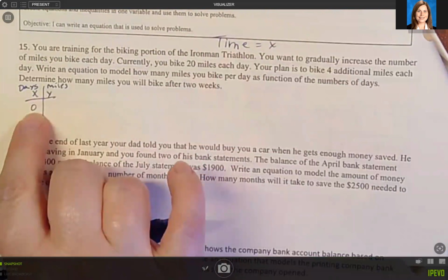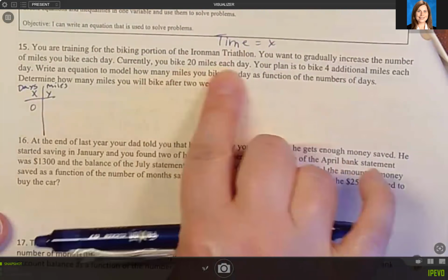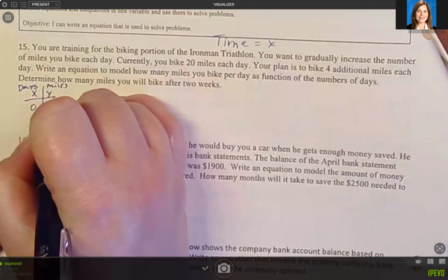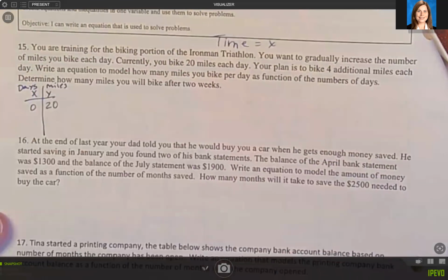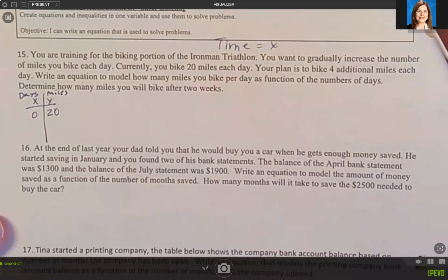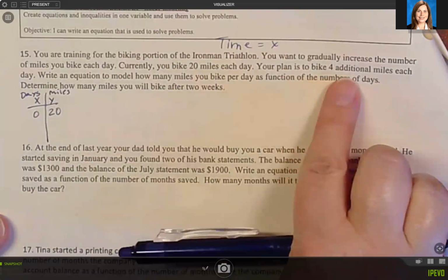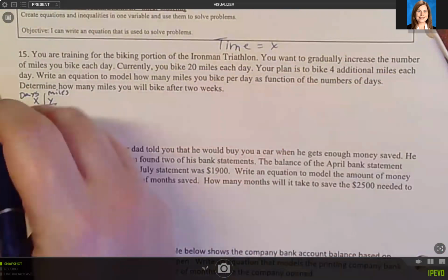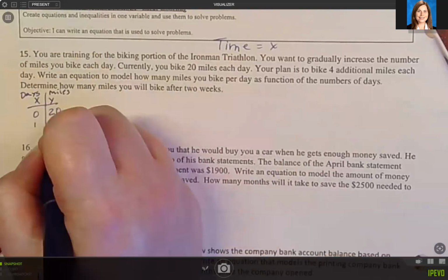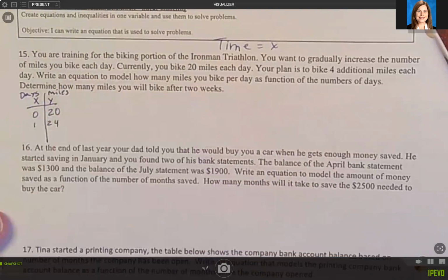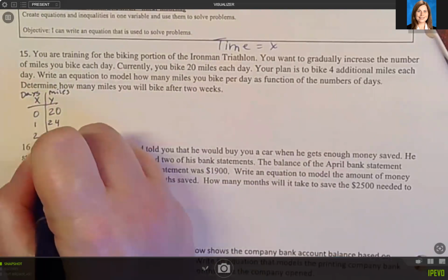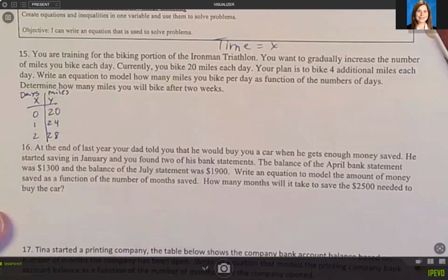So at 0 days, we're biking 20 miles each day. So today is the first or the beginning day. We're biking 20 miles. Your plan is to bike 4 additional miles each day. So after a day passes, on that day, we're going to be riding 24 miles. The second day will be 28 miles, etc. So write an equation to model how many miles per day as a function of the number of days.